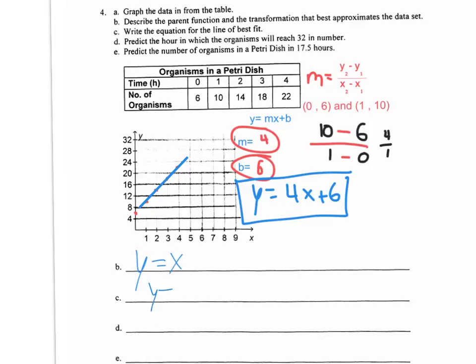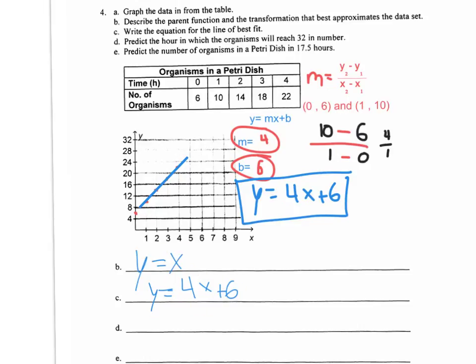That's y equals 4x plus 6. So now that we know that the line that best fits is y equals 4x plus 6, we can go back to step B and describe the parent function, which is a linear function. It's y equals x. And we also want to describe the transformations that this parent function goes through to get to this.